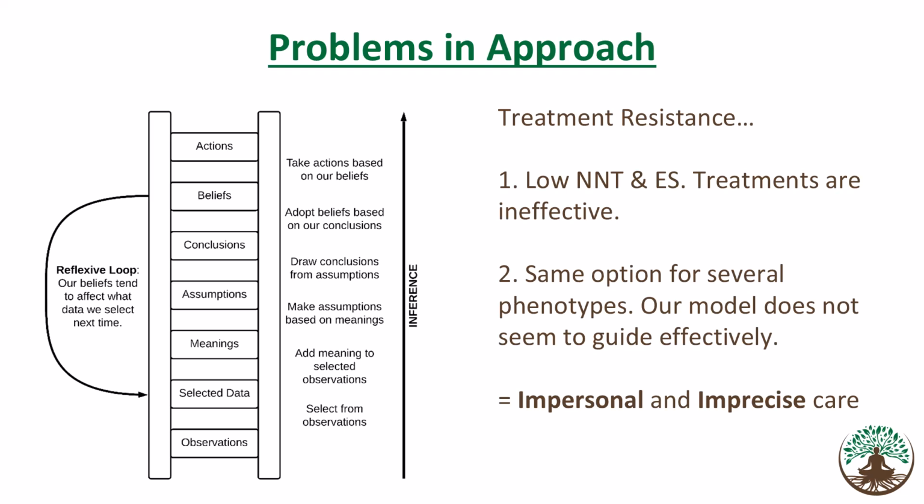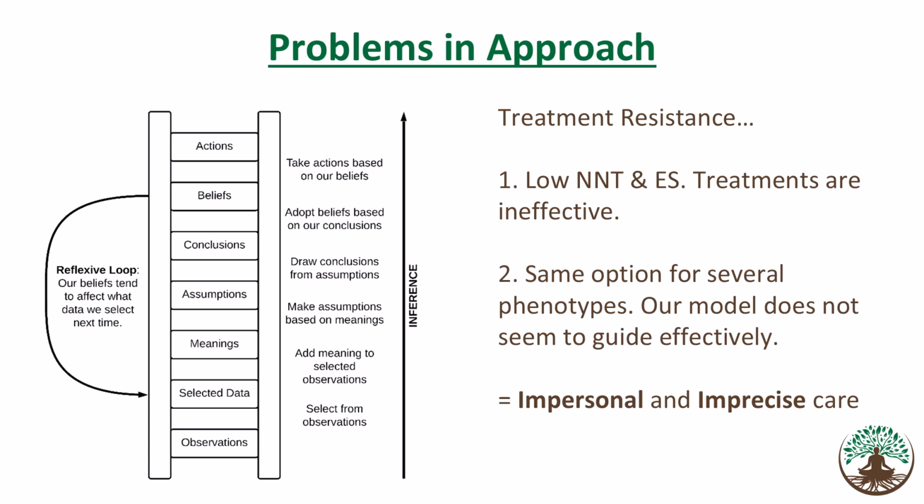I like to look at the number needed to treat as a gauge of how effective a treatment option is. Duloxetine, for example, is one option that has a number needed to treat of 9. This means that 9 individuals need to be given duloxetine in order for 1 to benefit.